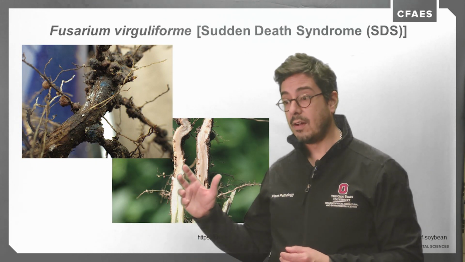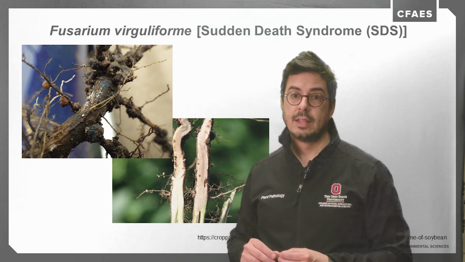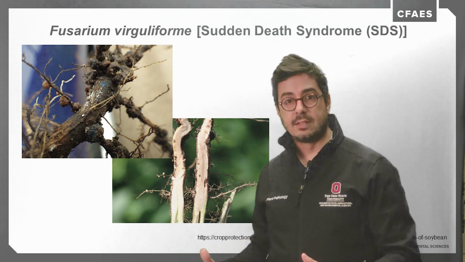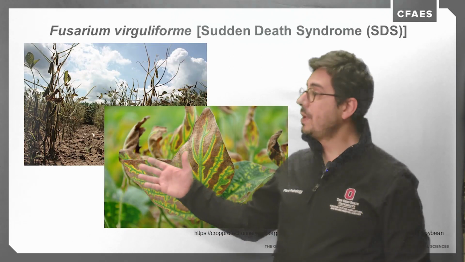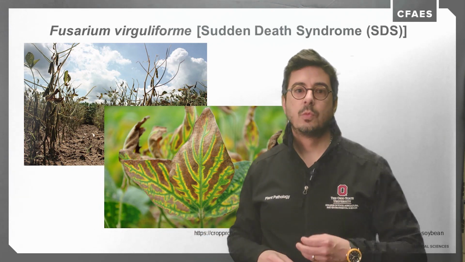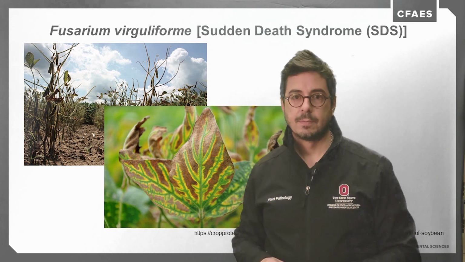Now, this is the first component of a potential yield reduction, damage to the root system. The fungus will continue colonizing the root system and also producing toxins that will be translocated upwards. And these toxins will cause these very characteristic visible symptoms.